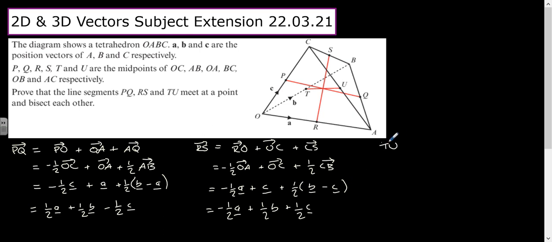Let's do exactly the same thing then for TU. Again, we have to do this for each of our line segments in which we're interested.